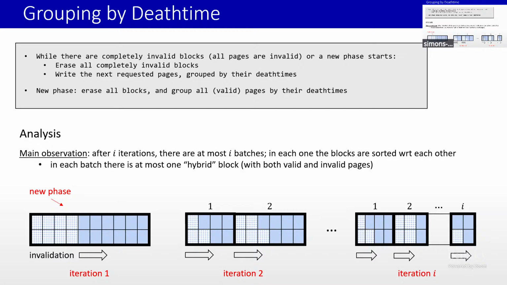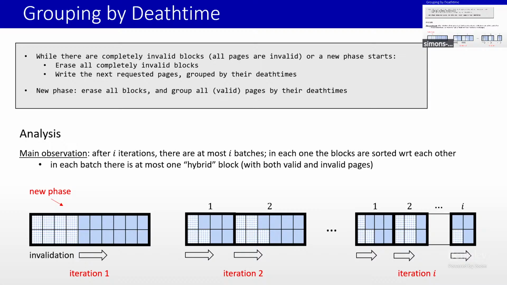Now I run an iteration of the while loop. As a result, when the iteration ends, some of these blocks will become invalid, and some of these blocks will become invalid, but I'm going to have a hybrid block generated from these.